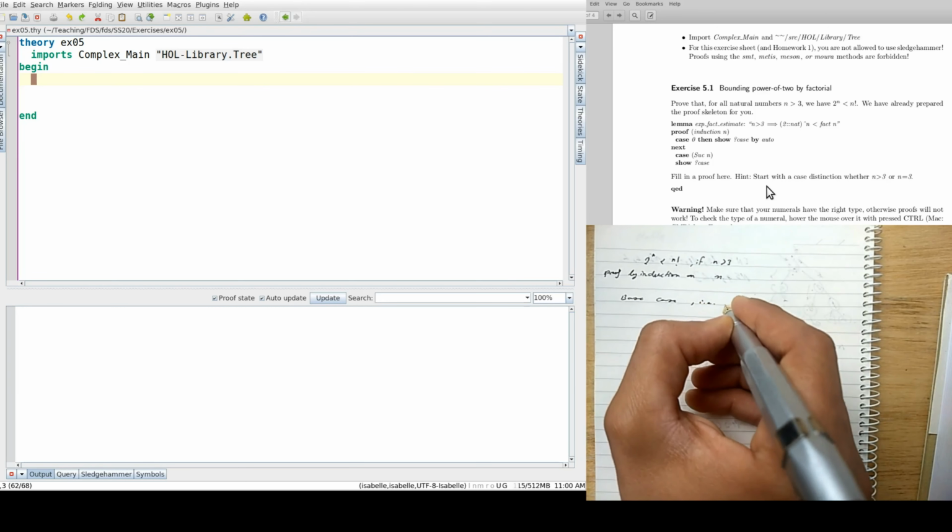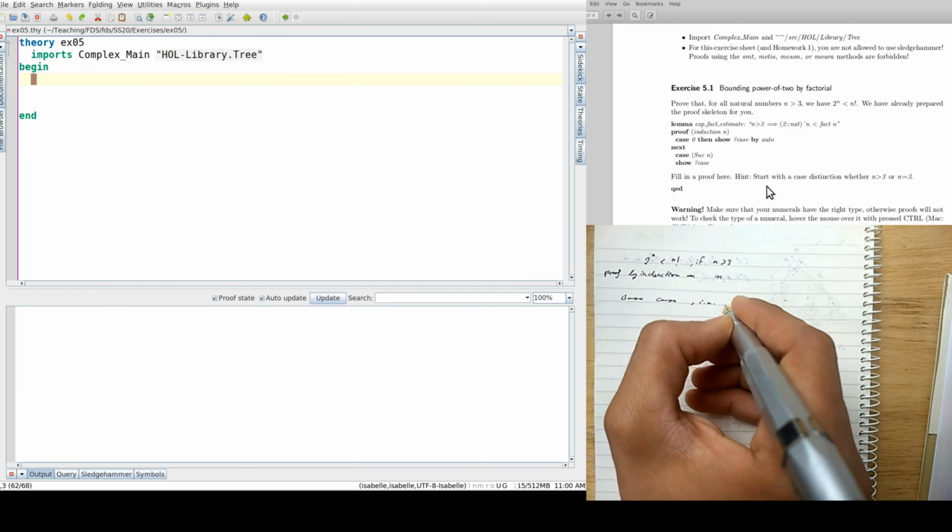What we want to show actually has an assumption of its own, let me just write it. Given that we want to show 2 to the n plus 1 strictly smaller than n plus 1 factorial if n plus 1 is strictly greater than 3.